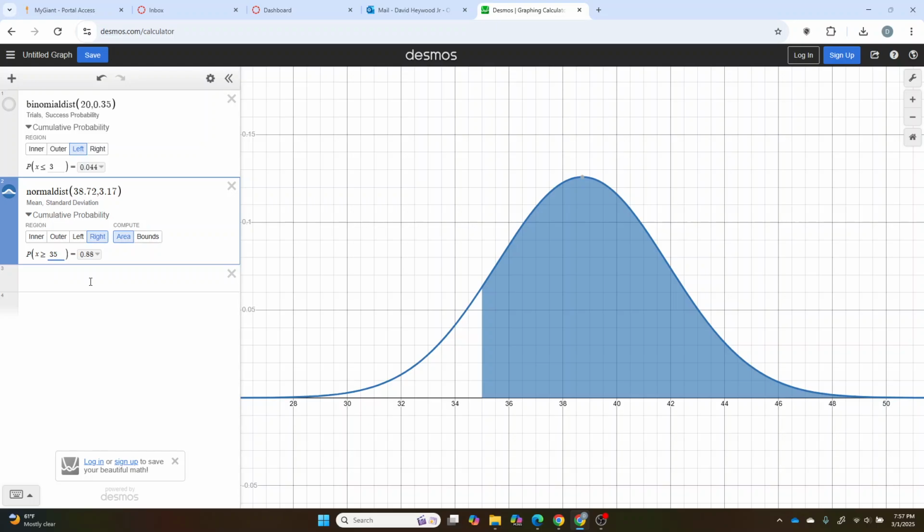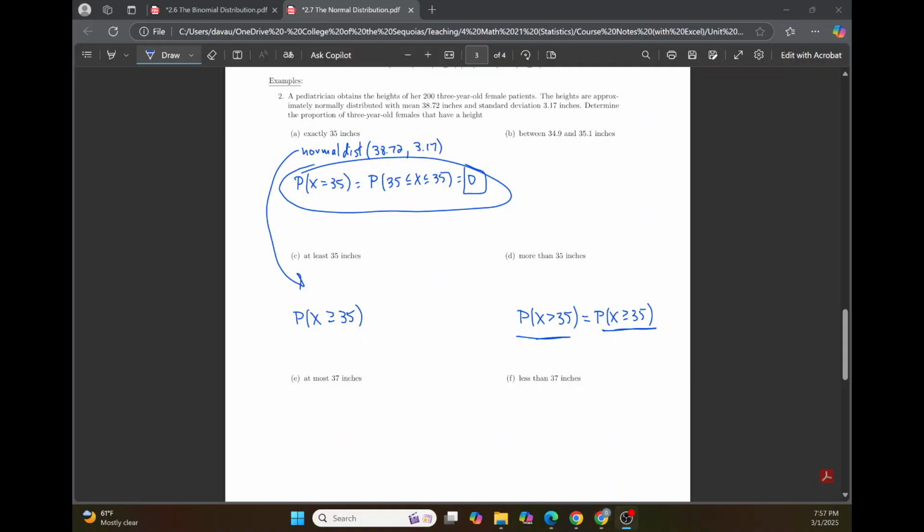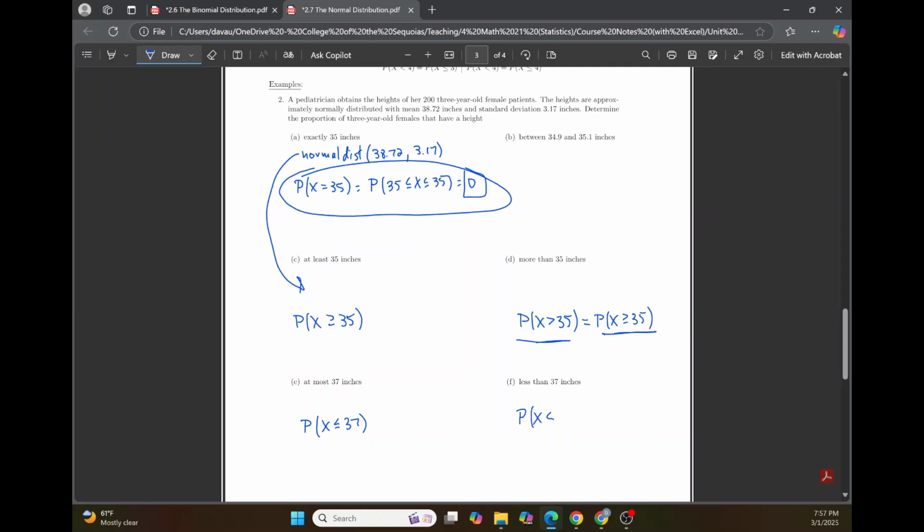It's going to be the same. In a similar way, for part E and F, part E, we want the probability that x is at most 37. So that would mean x is less than or equal to 37. On part F, we want the probability x is strictly less than 37. But we would do this the same way, okay? The same way in both cases.